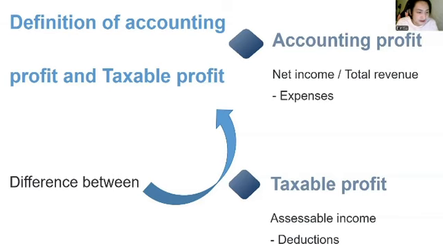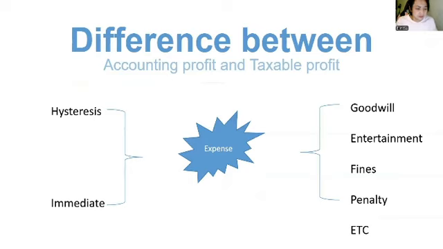So the business is required to pay tax after tax-specific rules, which means the profit after tax is different from accounting profit. Many expenses are not deducted as taxable profit, such as goodwill, entertainment, fines, and penalties.